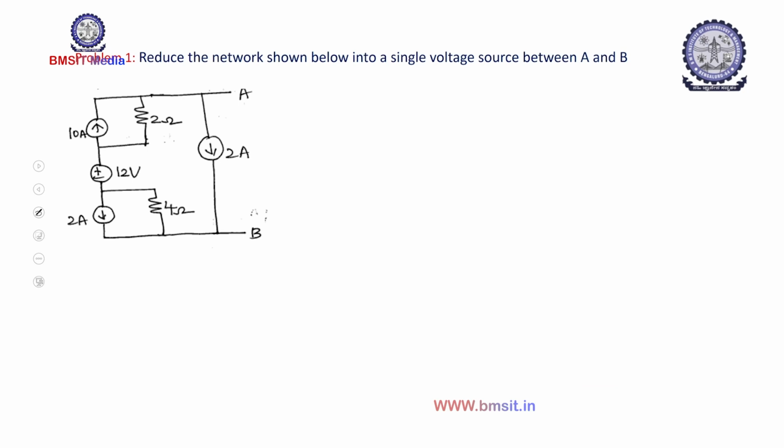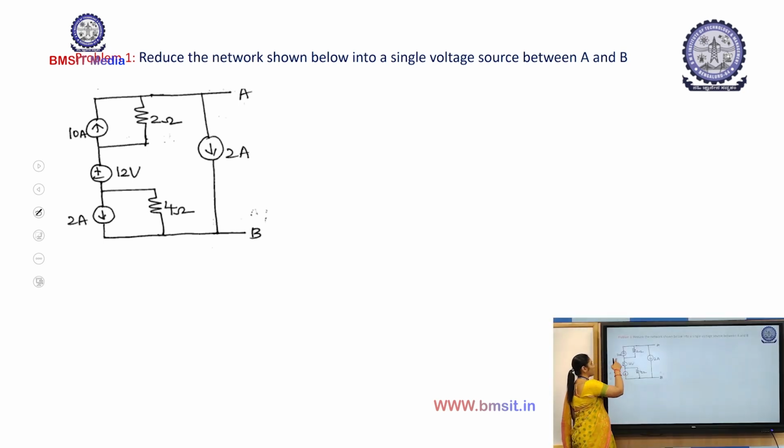This problem consists of a current source of 10 amps connected with a 2 ohm resistance and a 12 volt voltage source, and another current source in the opposite direction, 2 amps, connected with a 4 ohm resistor in parallel to that, and one more current source, 2 amps, connected between the two terminals.